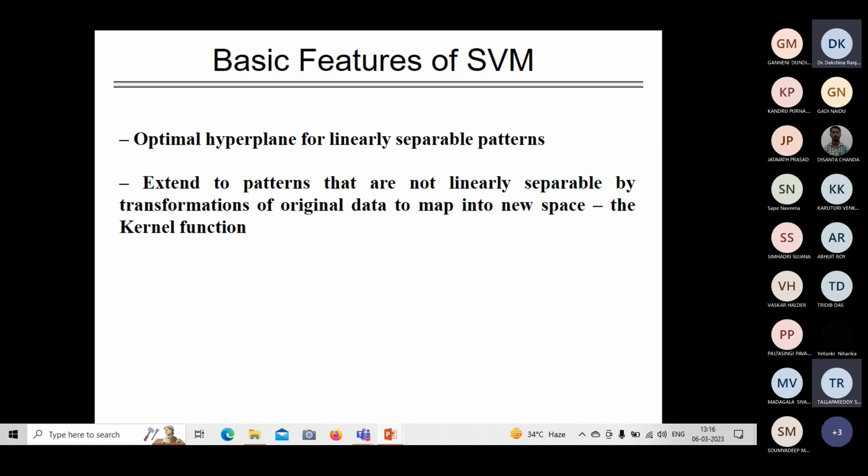This is one of the prominent features of SVM, that SVM can define the optimal hyperplane for linearly separable patterns. Now, if the patterns are not linearly separable, then what do we do?